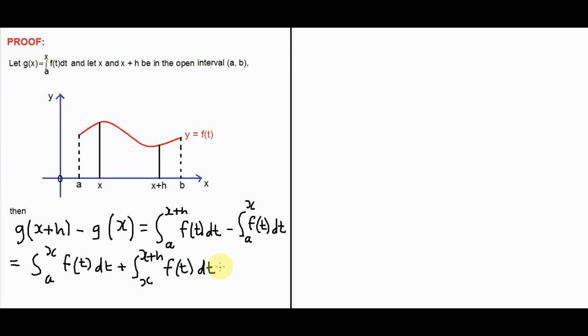And then we still have minus the definite integral from a to x of f of t dt. Note that these two integrals cancel, and we are left with the definite integral from x to x plus h of f of t dt.